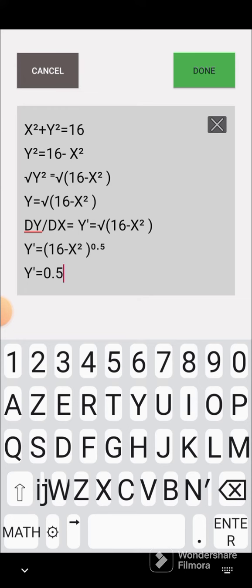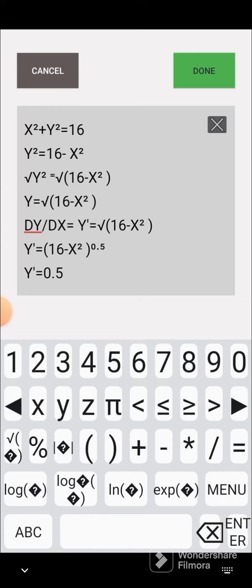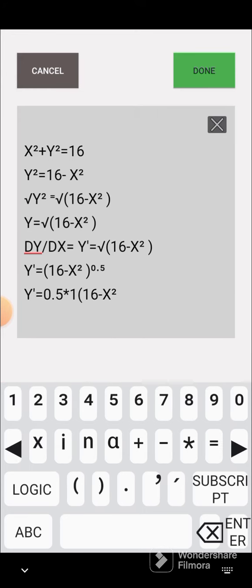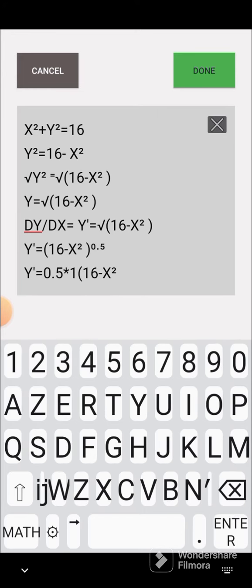So 0.5 times 1. Then your bracket comes. You bring everything in the bracket, that's 16 minus x squared.